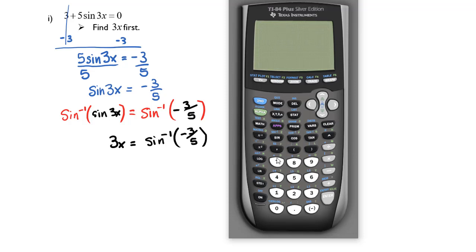And then I will take second sine, so sine inverse of negative 3 divided by 5. That gives me negative 0.643500088. So let's round to 3 decimals. So negative 0.644.